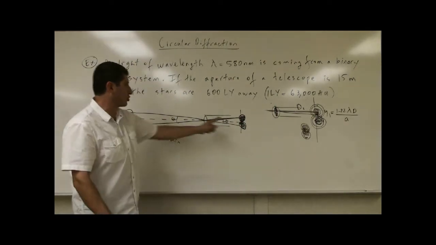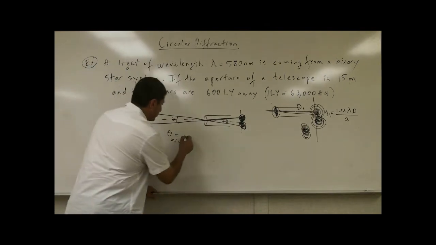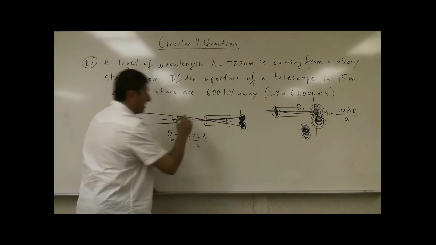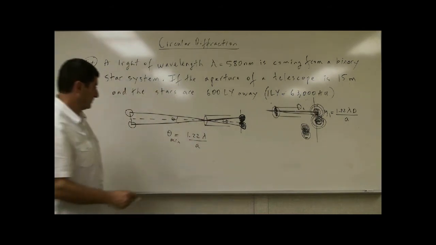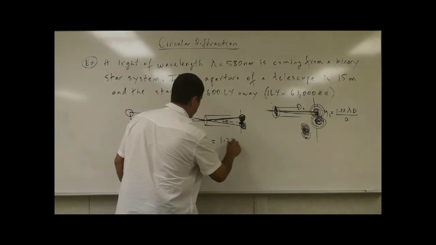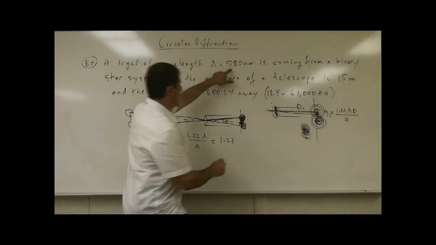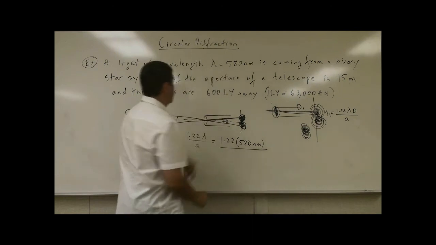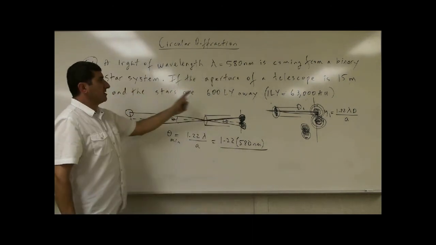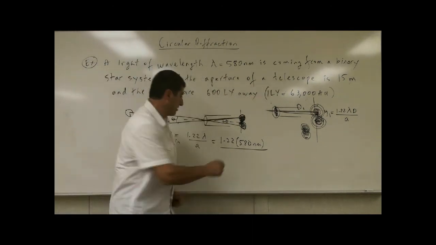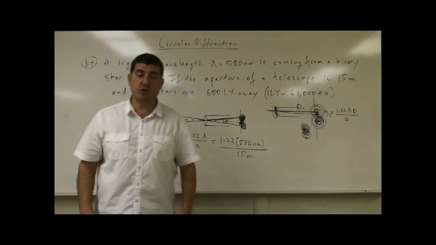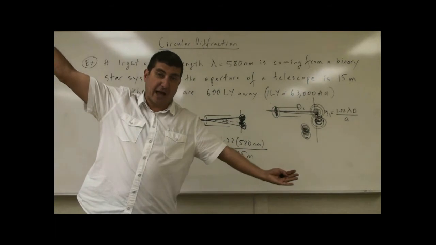So these are similar triangles. So theta minimum is what? 1.22 lambda over A, as we showed earlier. So then I could put in 1.22 lambda, which is 580 nanometers, and in this case the telescope aperture is 15 meters. Now we can answer the question, why do we want telescopes with bigger and bigger aperture?